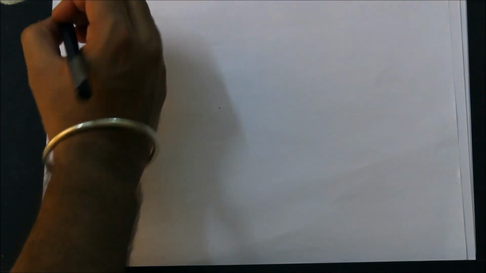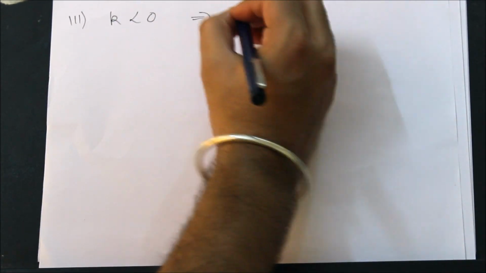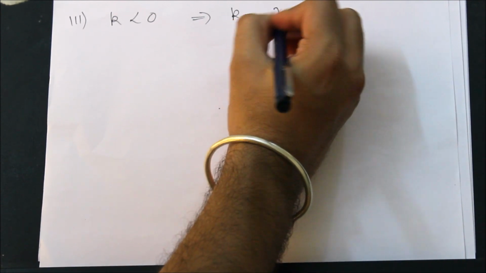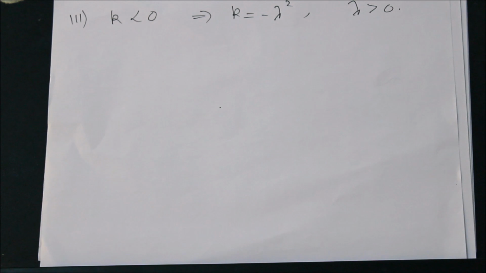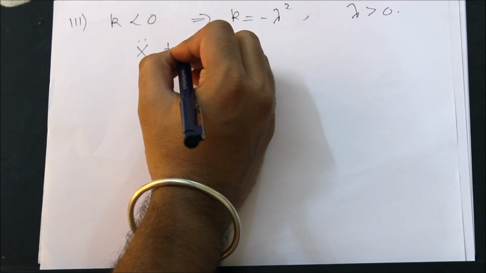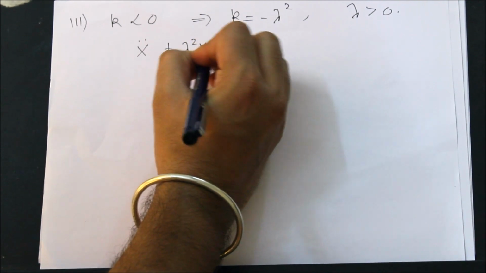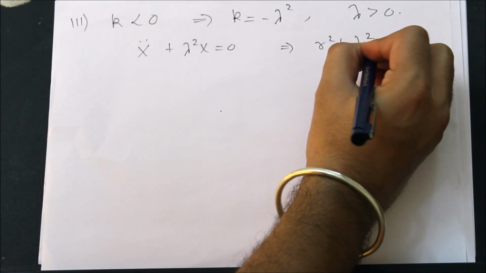So let's go for the third and the final case, which says suppose your k is less than 0, that means your k can be written as minus lambda square, where lambda is a positive real number. If I do this, then what do I have? I have x double dot plus lambda square x equal to 0. Again the auxiliary equation will imply r square plus lambda square equal to 0.